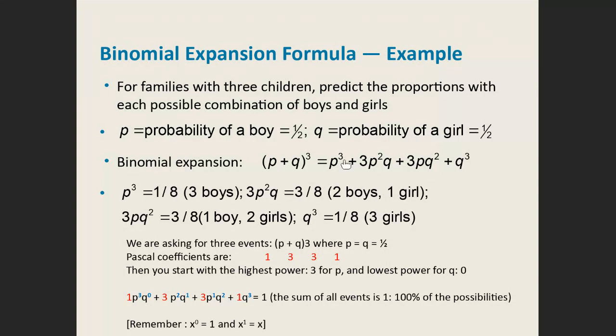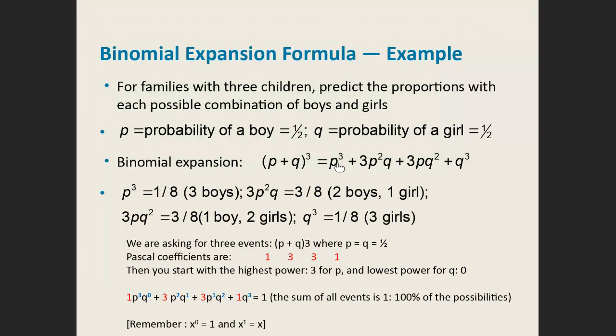So now let's talk about how you actually develop this, because you might have to refresh your memory about that. So you're asking for 3 events. So it's p plus q cubed, as I said, where p equals q equals 1/2. Those are the probabilities.